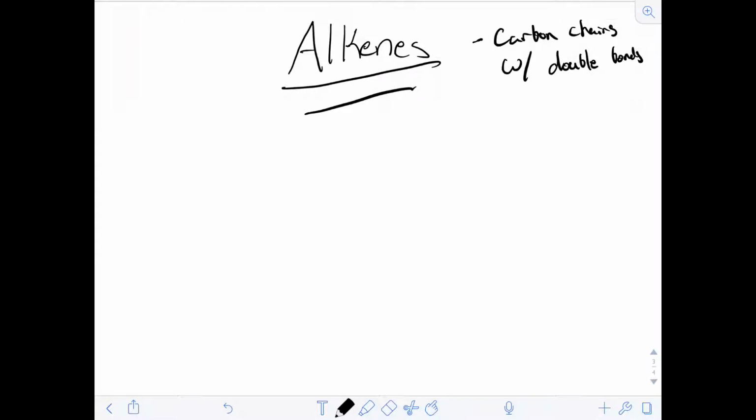And again, it still follows the methyl, ethyl, butyl. Excuse my handwriting here. Still follows the methyl, ethyl, propyl, butyl.